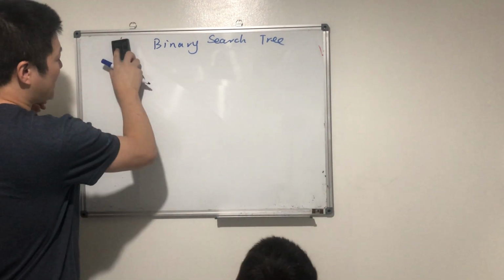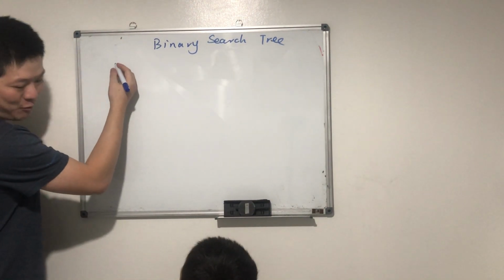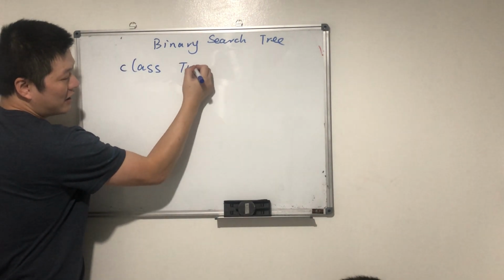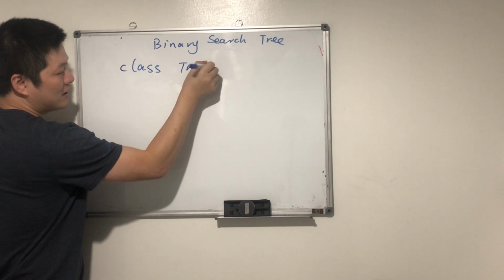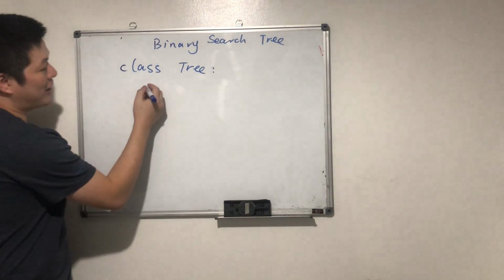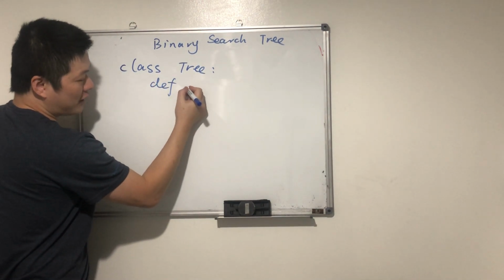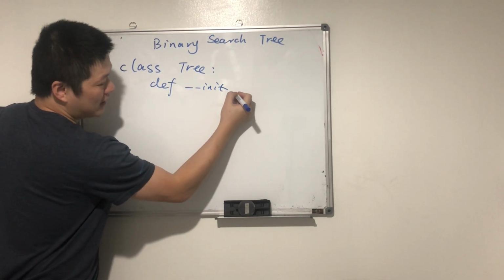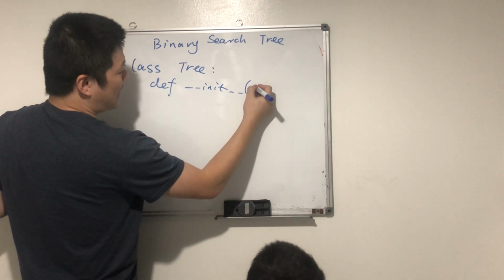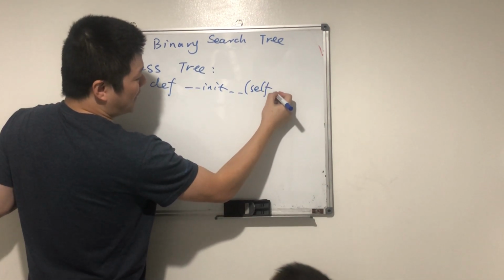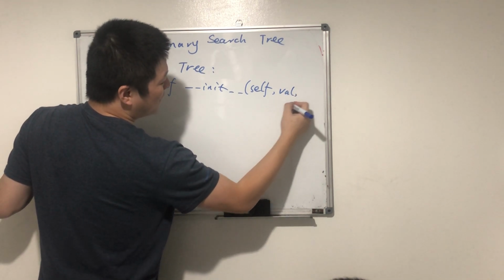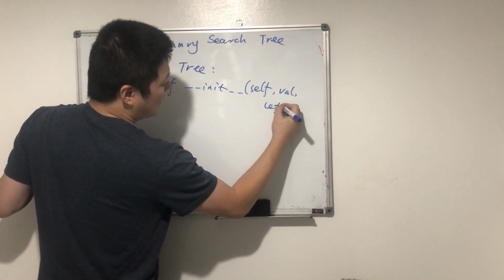So how do we search it? First of all, we define the class, remember? Class Tree. And then we can define a constructor, remember constructor, initialization, and we have self, and then we have a value, and then a left, and a right.